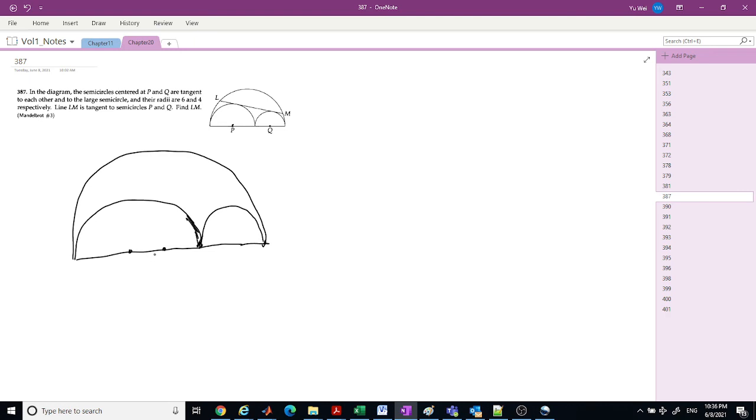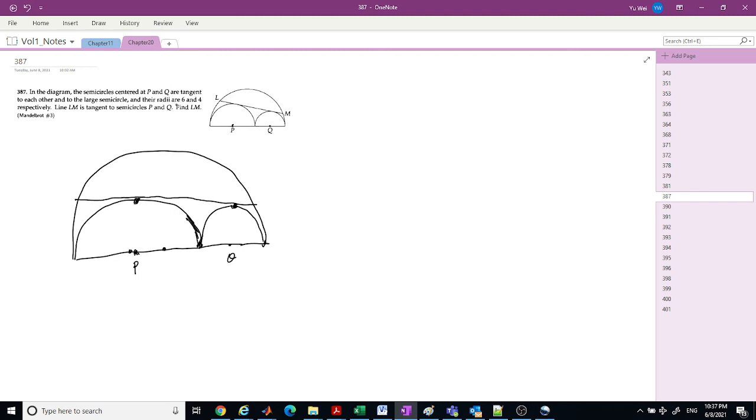Then we have a tangent line, tangent to both circles, with the tangent points.